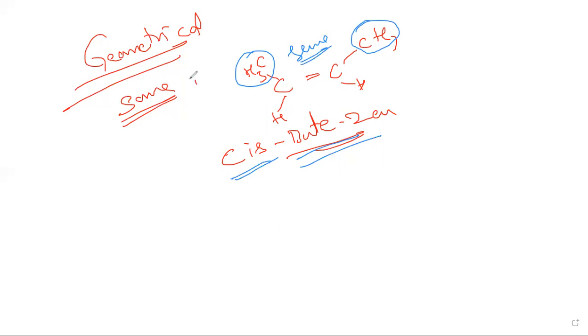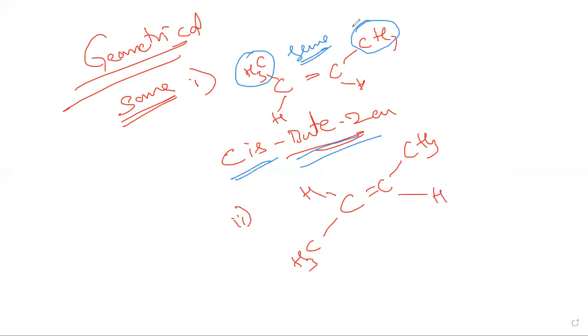Trans-but-2-ene. So geometrical isomers are identified as two types: one is the cis isomer, the second is the trans isomer. In the trans isomer, across the carbon-carbon double bond, one carbon has a methyl group, CH3, and the other carbon has a methyl group, CH3. One hydrogen is here and one hydrogen is here.